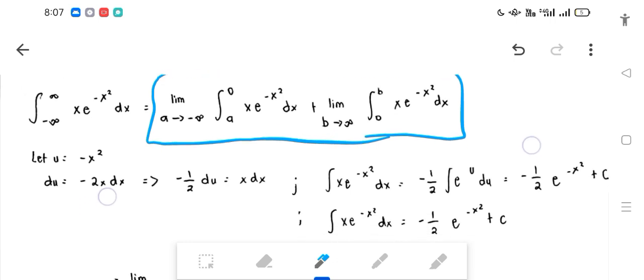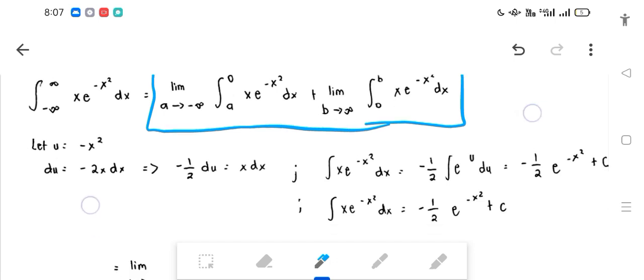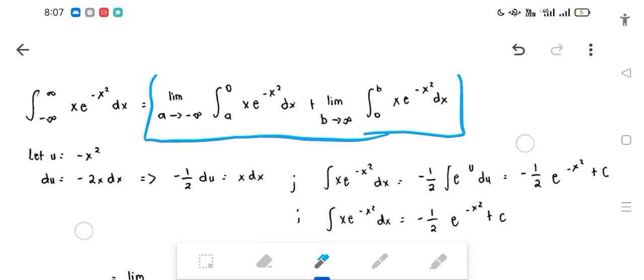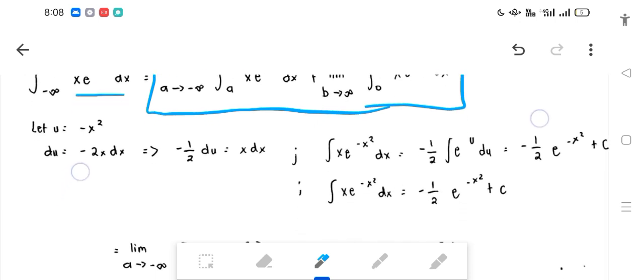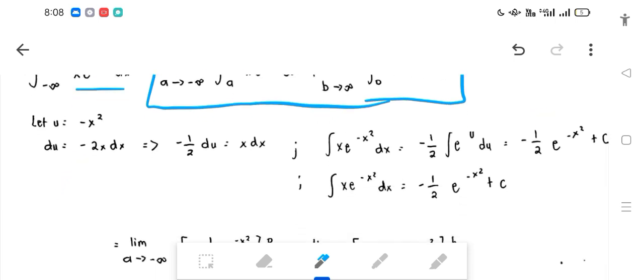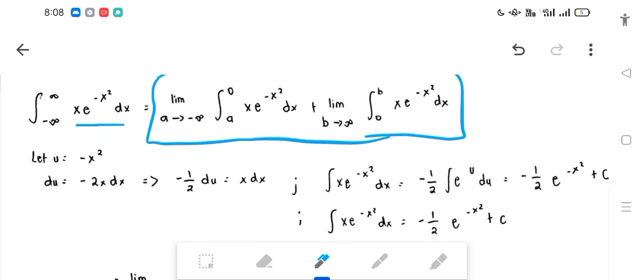And in order to solve this problem, we're going to find the integral of this one. So we're going to use u substitution. So let u equal negative x squared, and du is equal to negative 2x dx.